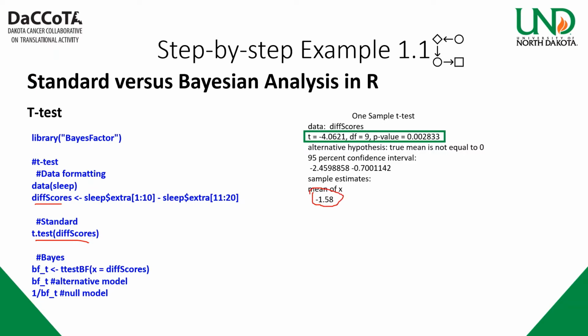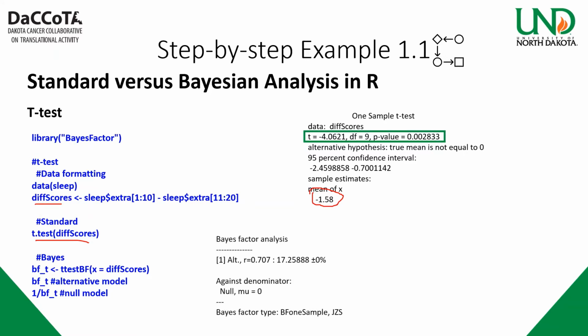Let's look at what this looks like in Bayes. We're going to use the t-test Bayes factor for diff scores, and we're going to look at both the alternative and null model. For the alternative model, it gives alt R. This is really what we want here, and we can see that it is 17.25. So this is rather large. This is the alternative compared to the null. The larger it is, the more likely it is that the alternative is correct.